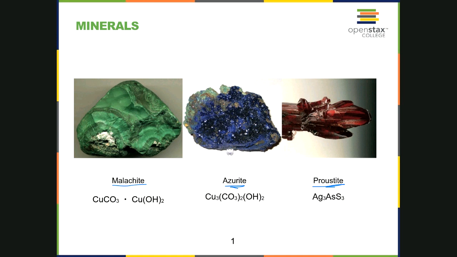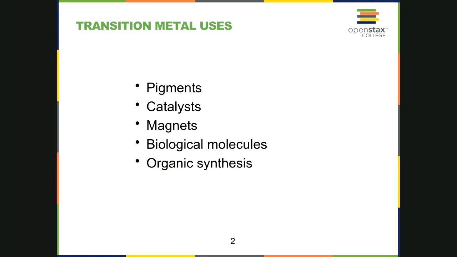And in fact, our next slide is, well, what do we use this stuff for? Well, one of the oldest applications is pigments, also in gemstones in some cases. Transition metals can be used in catalysts for speeding up a chemical process, used in production of magnets. Some of the transition metals are found in biological molecules. They are present to facilitate transfer of electrons.